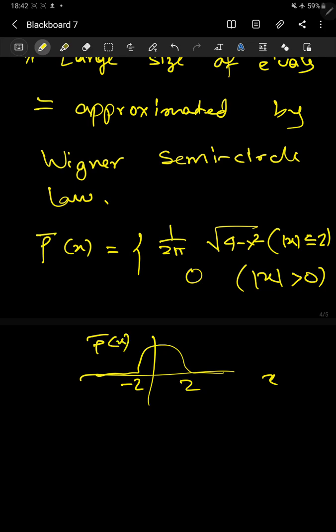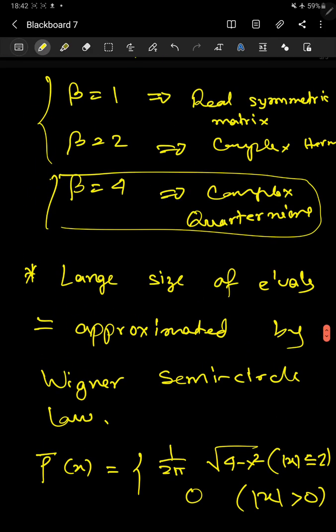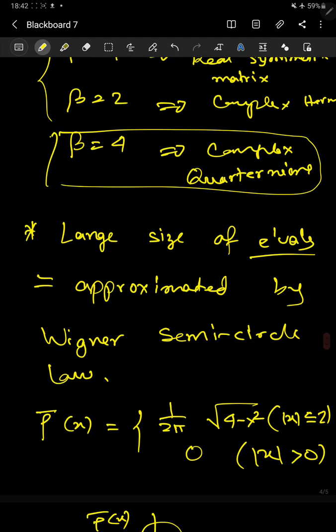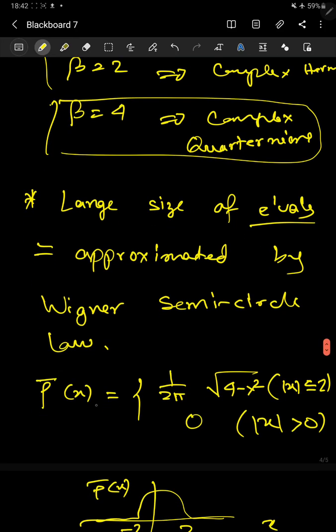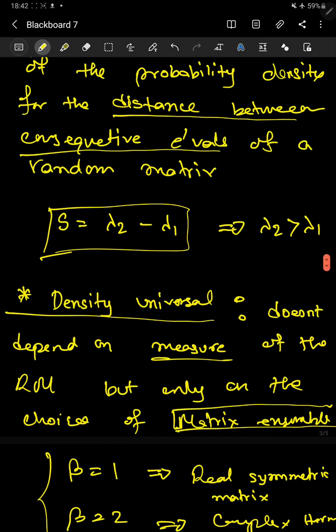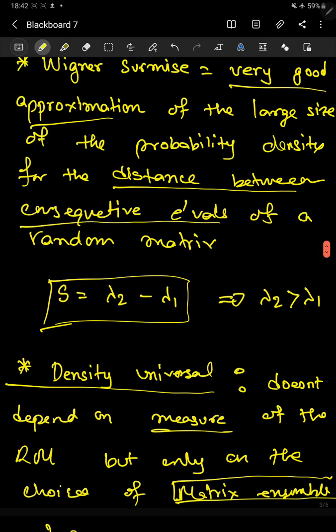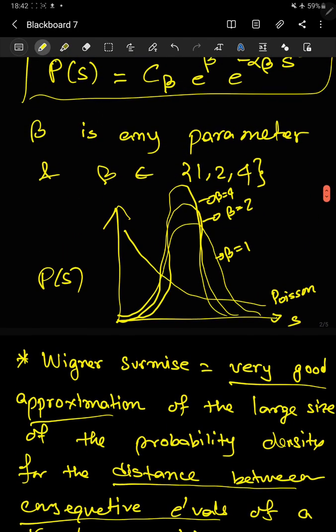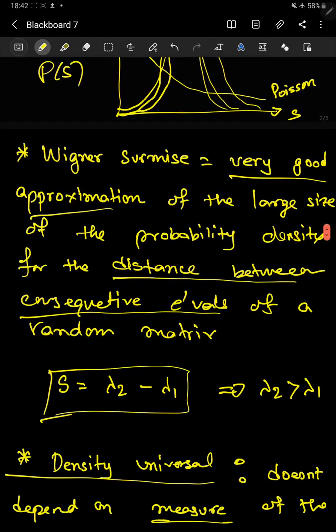So this is the eigenvalue distribution. That is, the eigenvalue distributions are governed by the Wigner semicircle law. But when you're talking about the probability density for the distance between eigenvalues, these two are very different things. They follow the Wigner surmise.